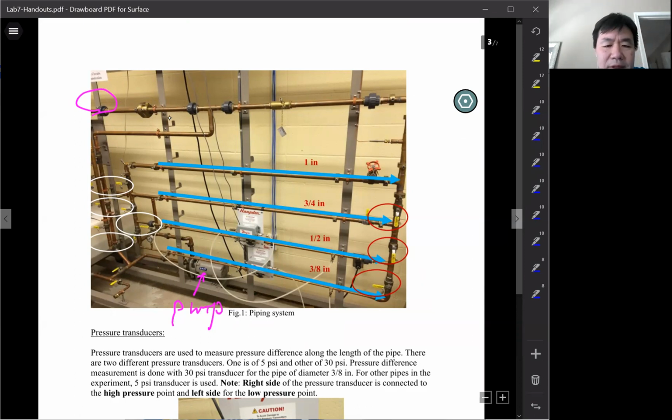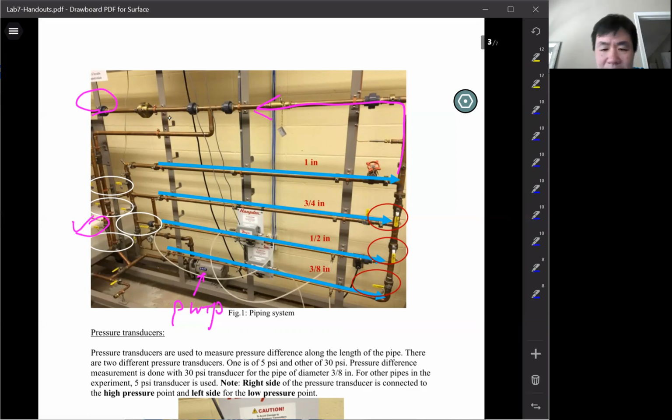Eventually, the flow goes through one of the 4 pipes, then goes up through the top pipe and then back to the reservoir. This is the white reservoir down here. It goes back and then across a flow meter. It will show the flow reading in terms of GPM, gallons per minute.